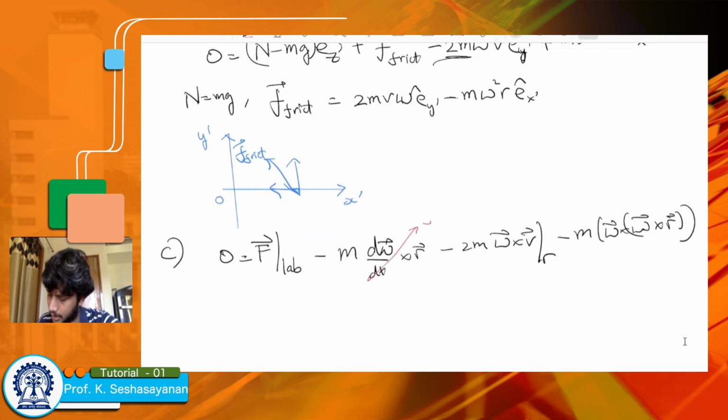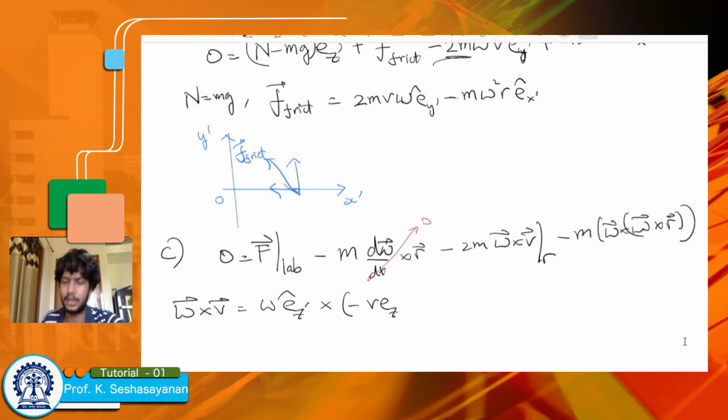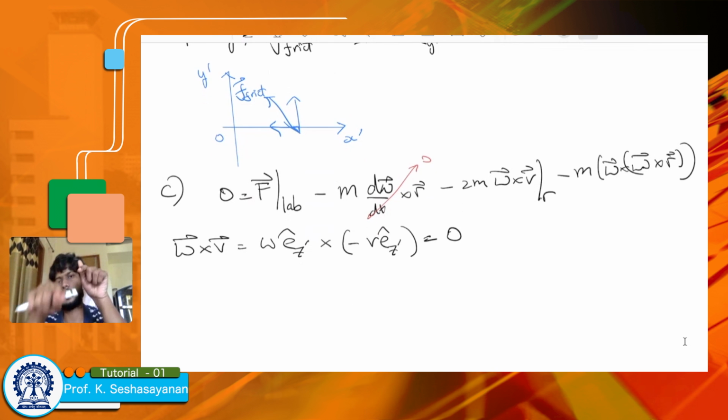The interesting observation is that for omega cross v, the velocity is now in the z prime direction. So when we find omega cross v, what one gets is ez prime cross ez prime, which is exactly 0. So you don't have any Coriolis force when the ant moves in the vertical direction, because when the velocity is parallel to the rotation axis, the omega cross v cross product becomes 0.